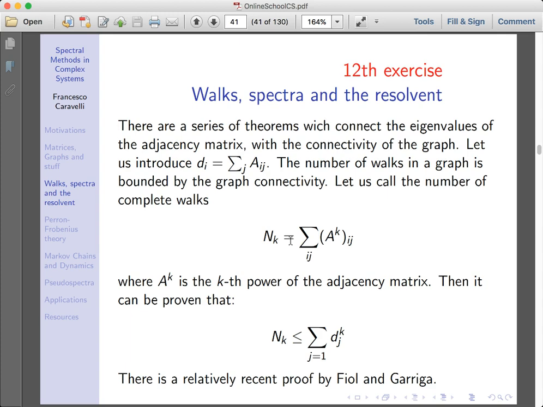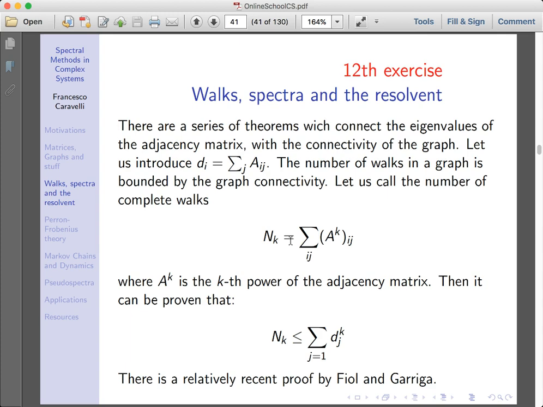This element is 1 if there is only one way of reaching it, and it's more than 1 if there are more ways of reaching it. And it's not hard to see that this must be an integer number if A is a matrix that only has 0s and 1s. Then, given this definition, the total number of complete walks is the sum over all the elements of the matrix Aij. This will be the total number of edges of the graph multiplied by a factor of 2.